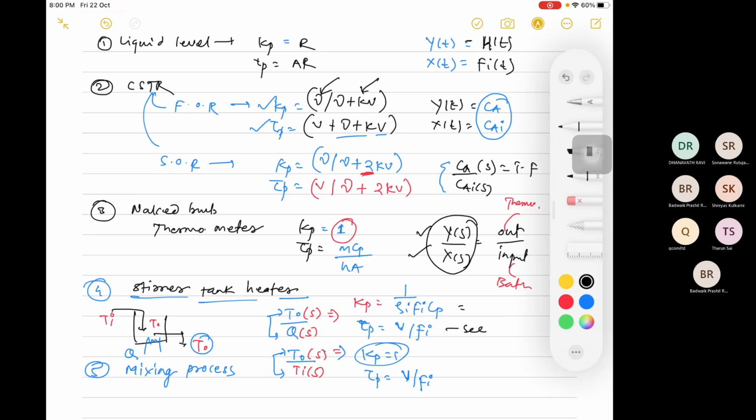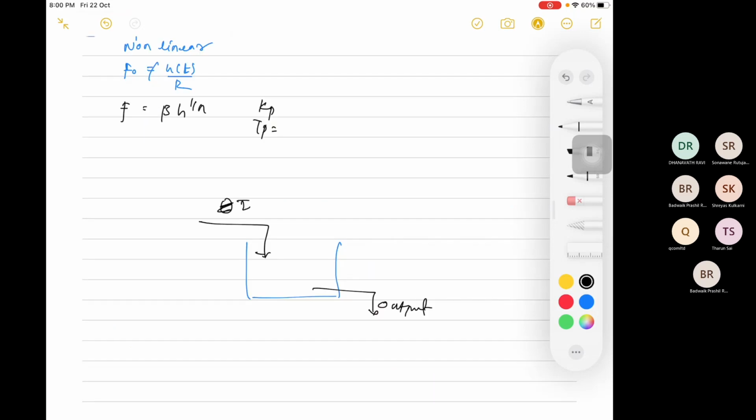This is the output, right? But if there is a hole in tank, so there are two outputs, right?